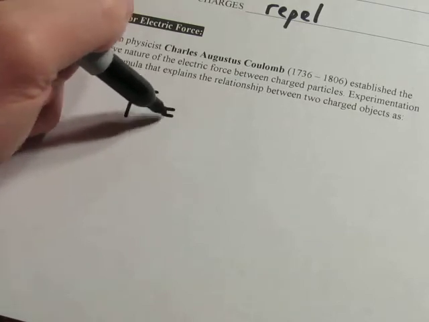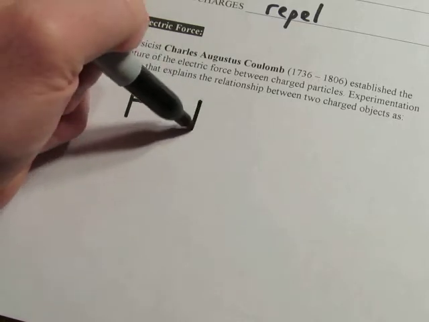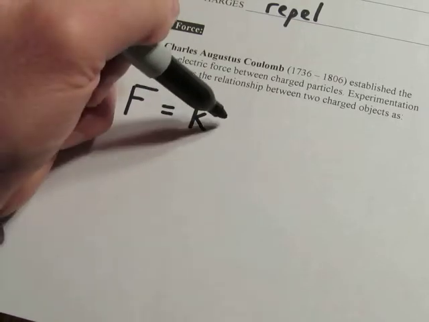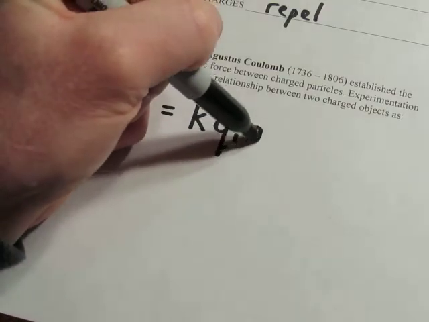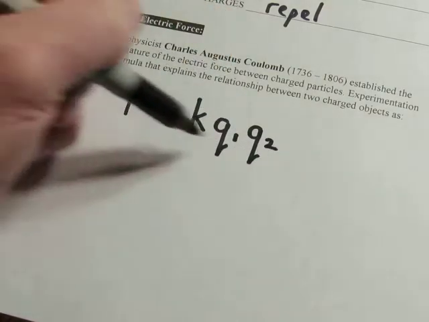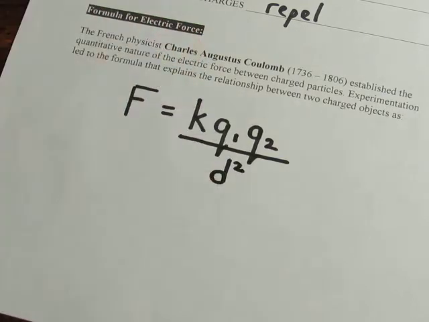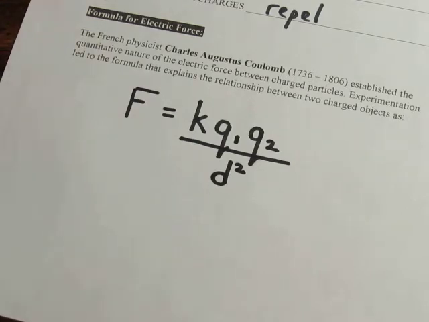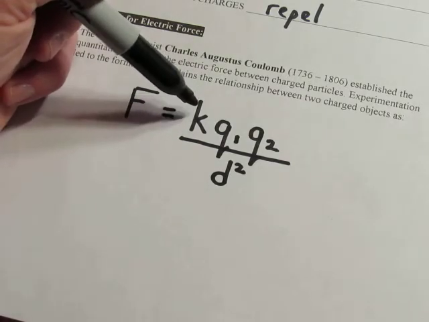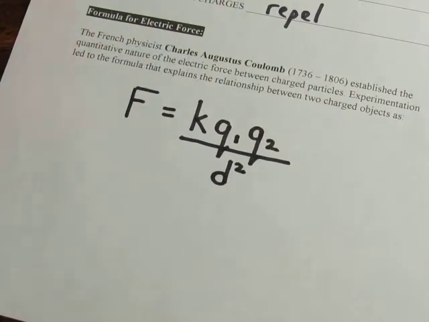It's capital F for force equals a lowercase k, Q1 times Q2, divided by the distance between them squared. If you think about it, that looks very much like universal gravitation. But aside from having a capital G as a constant in the beginning, we have a new constant, lowercase k.